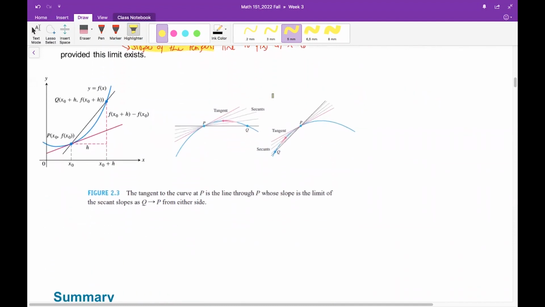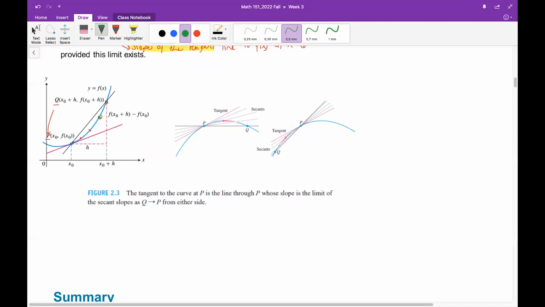And what is explained here is kind of a reminder. I already explained this secant line business. So if you keep moving this point Q towards the point P on your curve, then you start moving Q towards P like this.